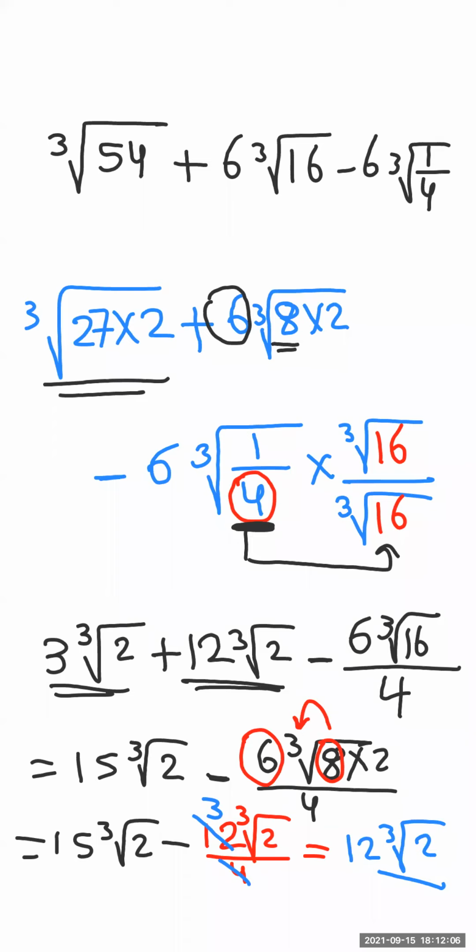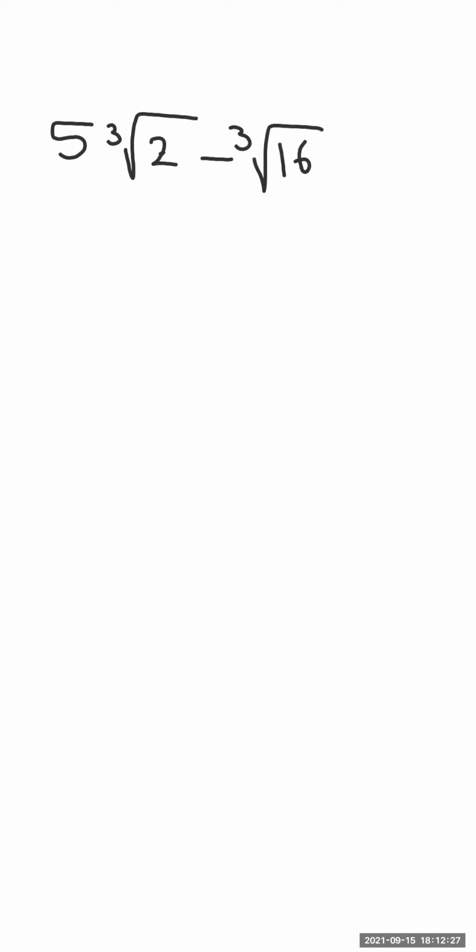Okay, great. So let's solve more examples like this one. If I want to simplify this one, 5 cubic root of 2 minus cubic root of 16 plus cubic root of negative 54.